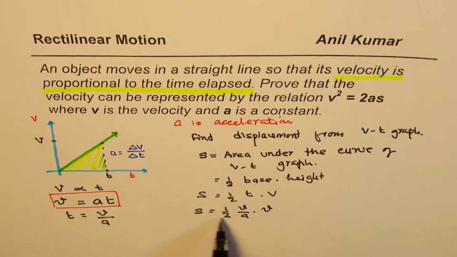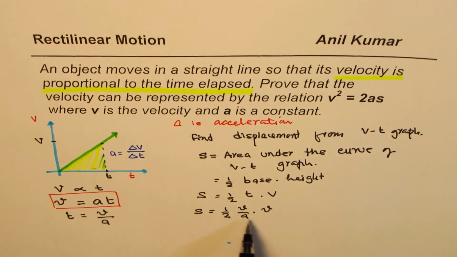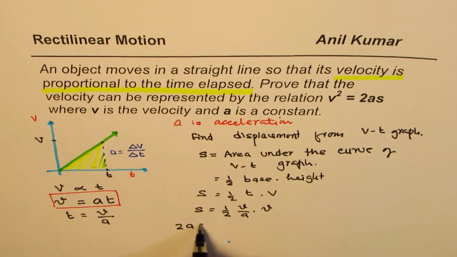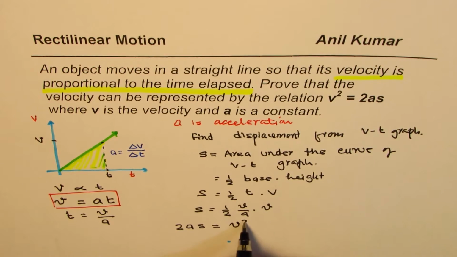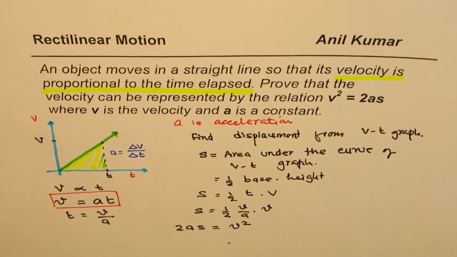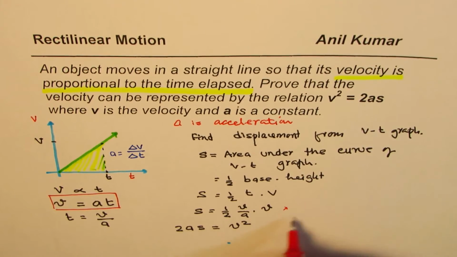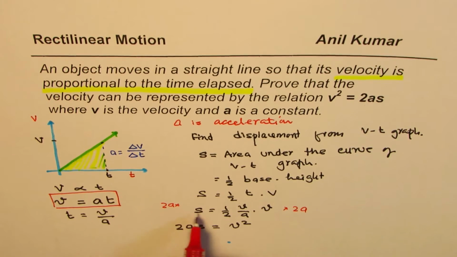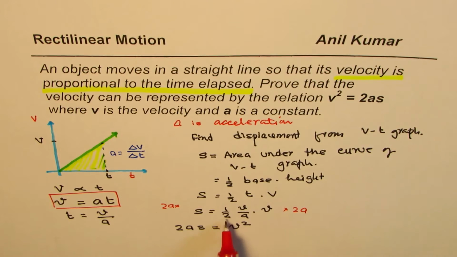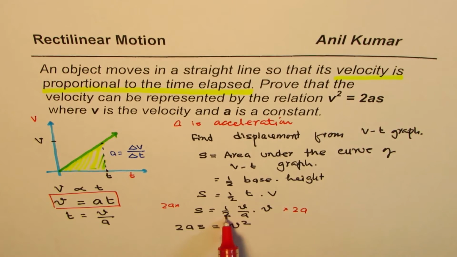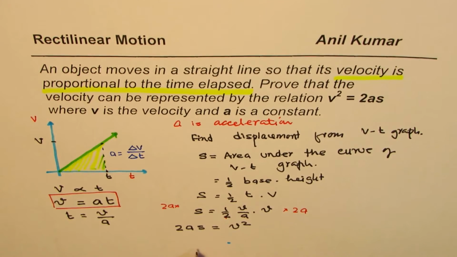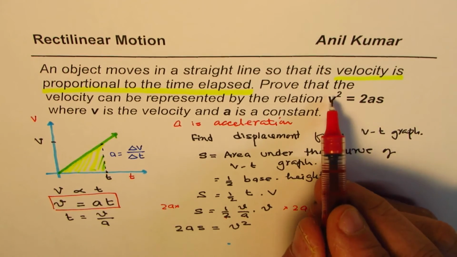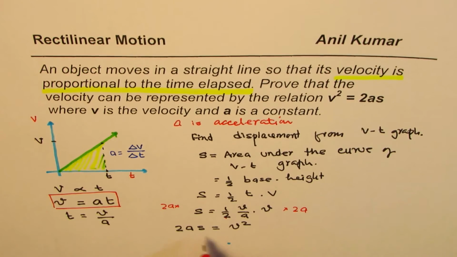And now if I multiply both sides by 2a, I get 2as equals v squared, correct? On the left side, the 2 cancels with the half, and a with a, and what do we get? We get v squared. So we have derived the relation v squared equals 2as.